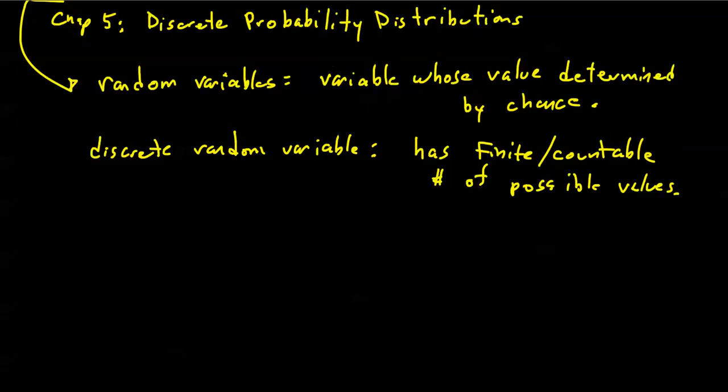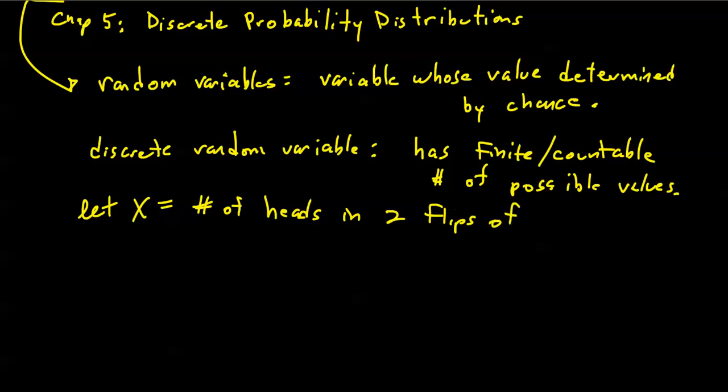Alright, so for example, if we let x equal the number of heads in two flips of a fair coin, we see that x is a random variable.